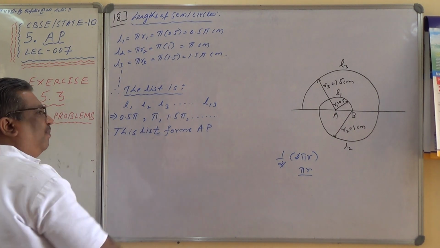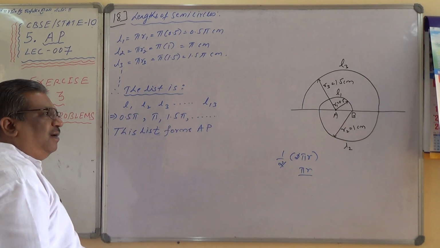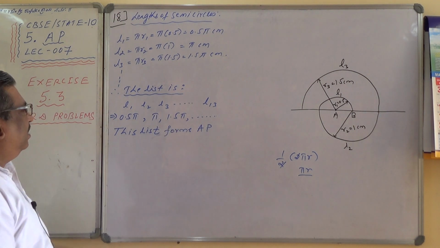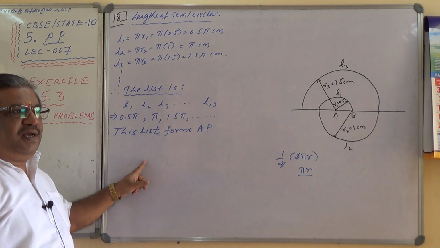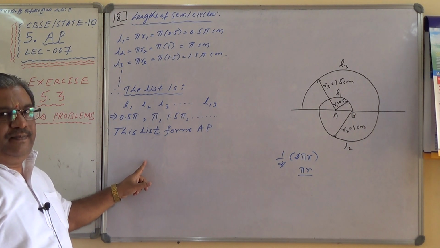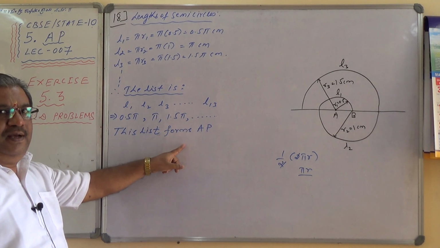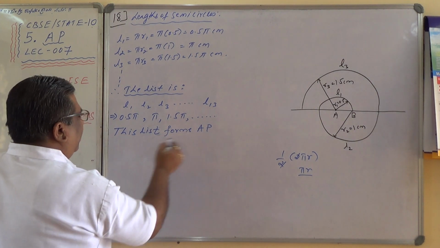Pi minus 0.5 pi is 0.5 pi. 1.5 pi minus pi is 0.5 pi. So the common difference between successive terms is half pi or 0.5 pi, and therefore this list is in AP basically.